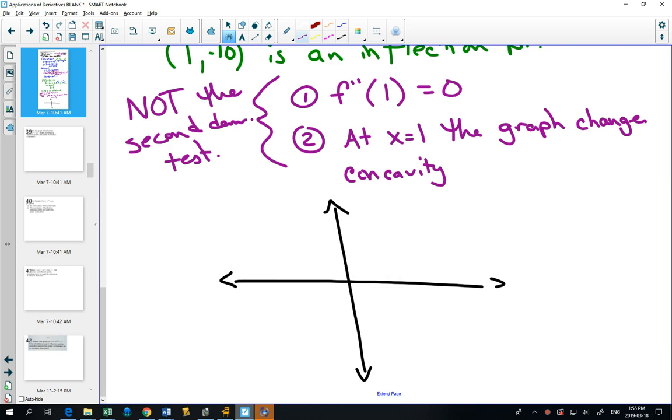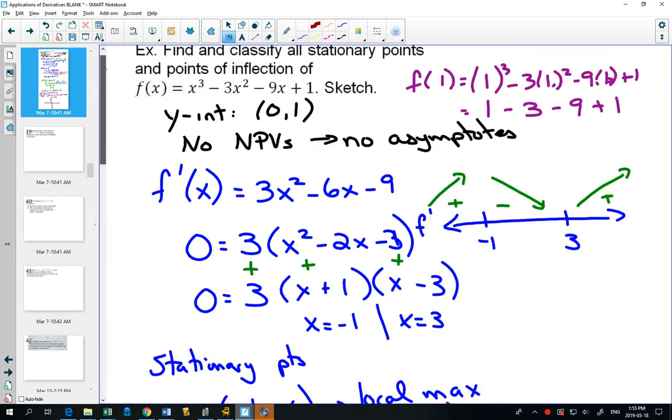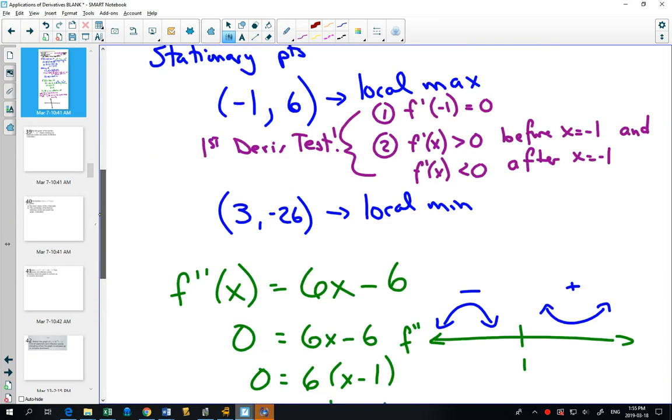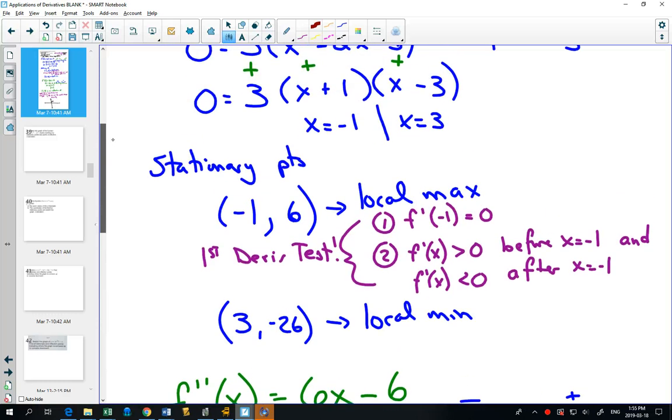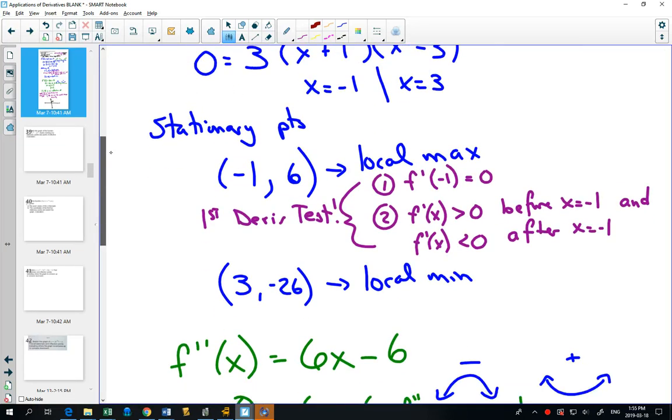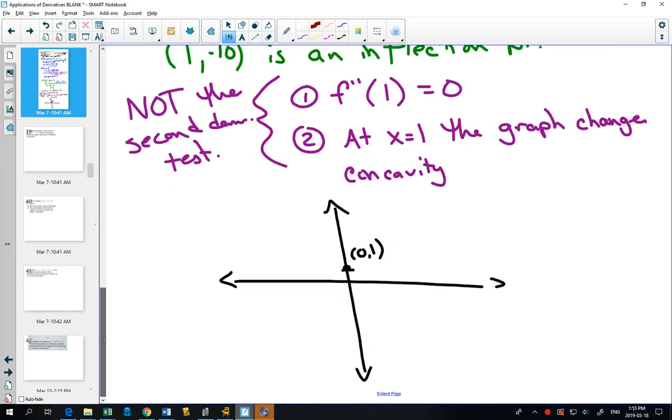The important points. What did I do first? Well, first in black, I found my y-intercept. 0, 1, I'll label my y-intercept in black. Second, in blue, I found out -1, 6 and 3, -26 were maximums and minimums.